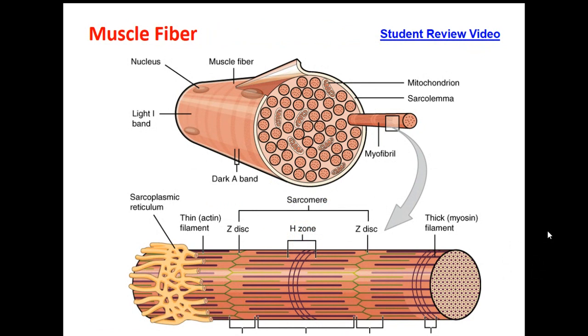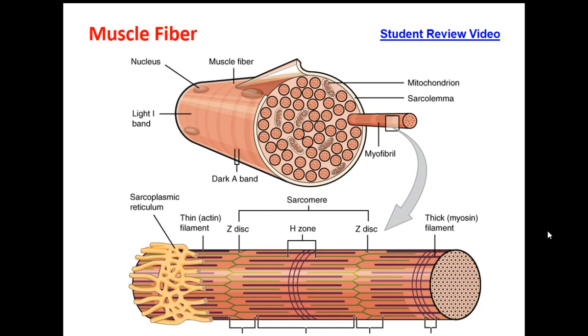Remember, mitochondria are the organelles where nutrient molecules like sugars are broken down and the energy is released and stored as ATP for the cell to use that energy later. Muscle fibers have a lot of mitochondria because muscle fibers use so much energy. It's a lot of energy just to contract the muscle.